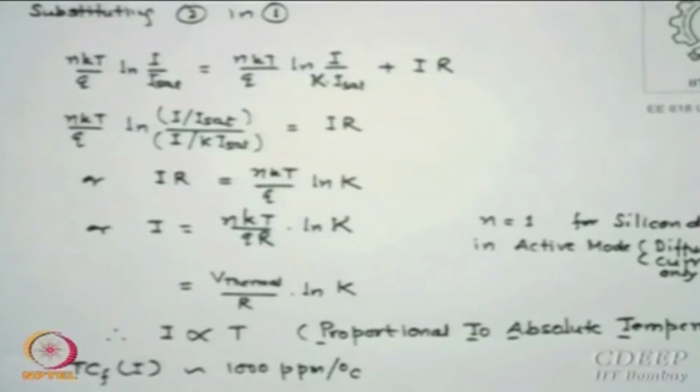For N channel, P channel he puts Vtn and Vtp to separate from this Vt. But many a time I do not do that, so I wrote the full name, V thermal, KT by Q. So I get now the current in the PTAT circuit, the output current is V thermal by R ln K. V thermal is KT by Q.